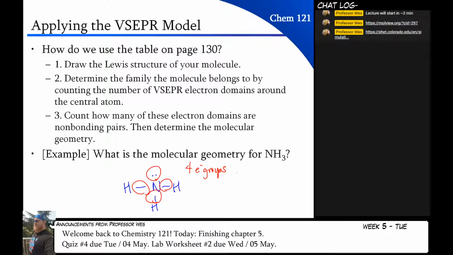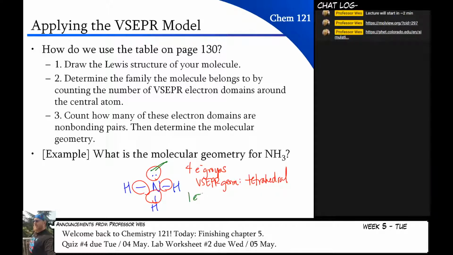So let's write that down. The VSEPR geometry is tetrahedral. And then the next thing I have to consider is how many electron pairs are around the central atom. Here's one right here, right?